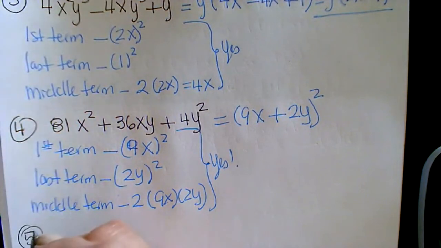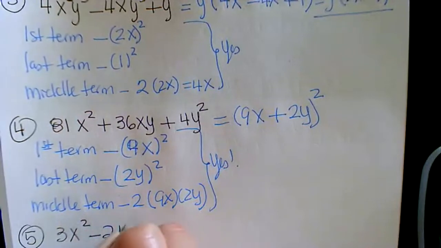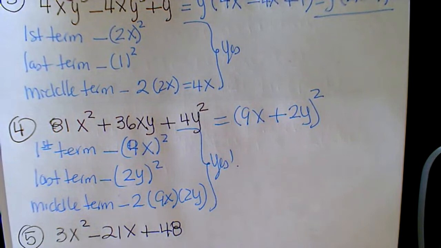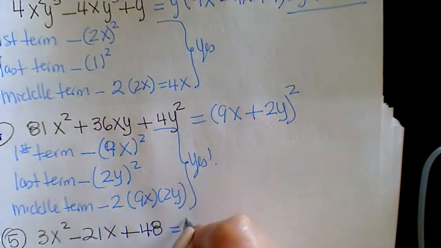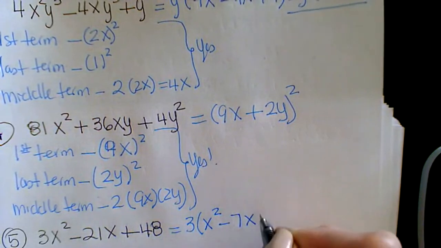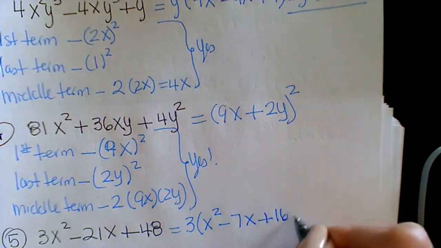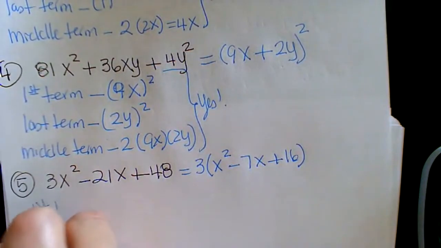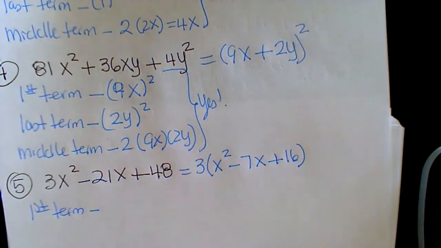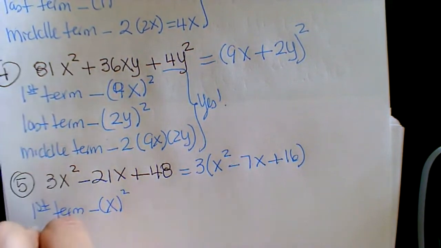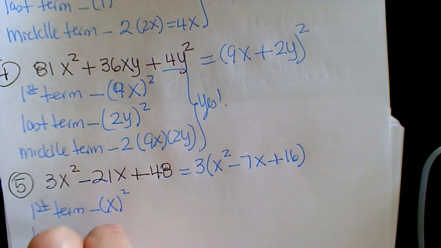This one is 3x squared minus 21x plus 48. Factor out the 3. This is 7 and this is 16. There we go. So let's do it. First term is going to be x squared. Last term is going to be 4 squared.